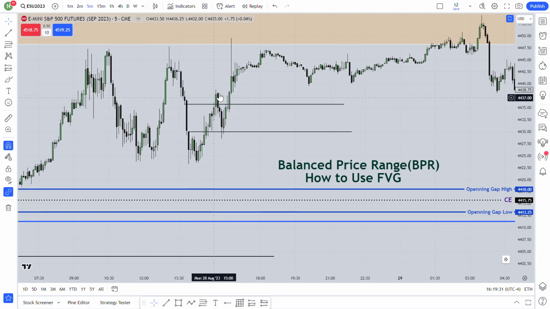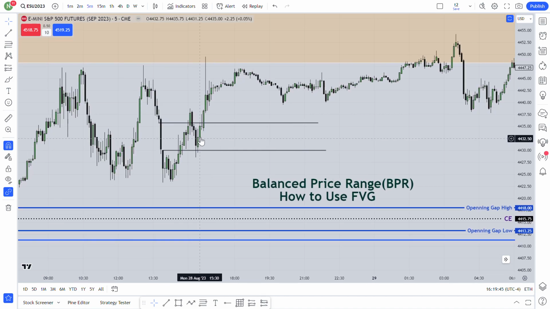So all of these bull candles have met the requirement for completing this gap, but it's not balanced yet. That means price can come back again over here, because it's not balanced. You see when it closed over there and came back again here, the bodies closed just under the consequent encroachment.